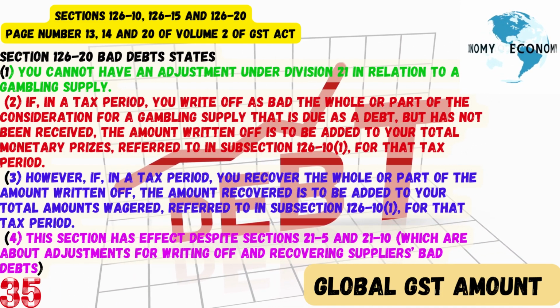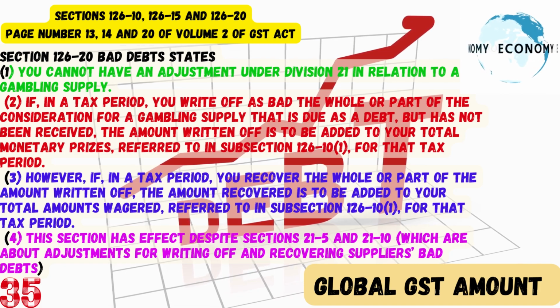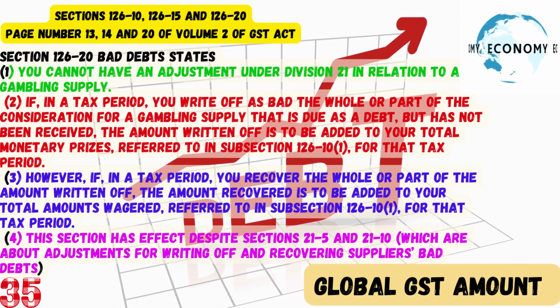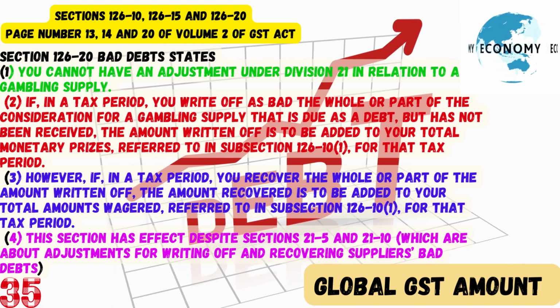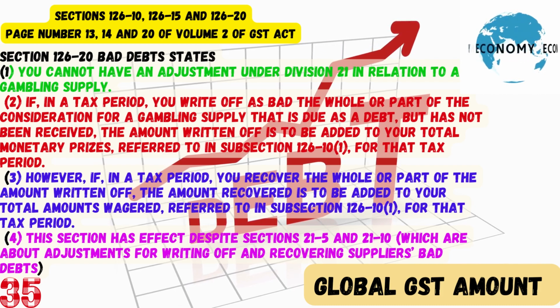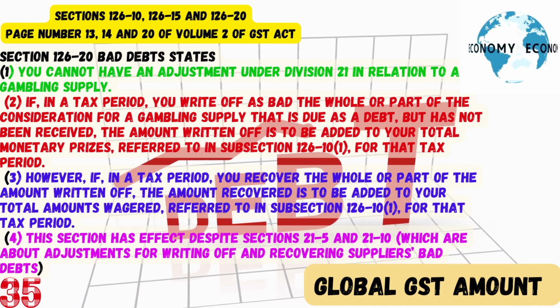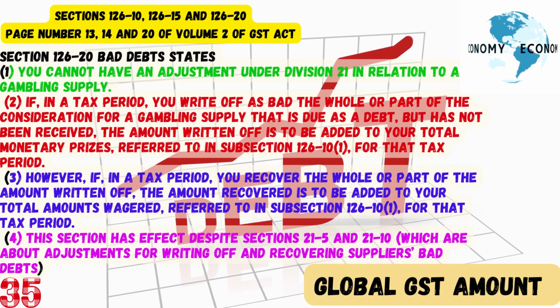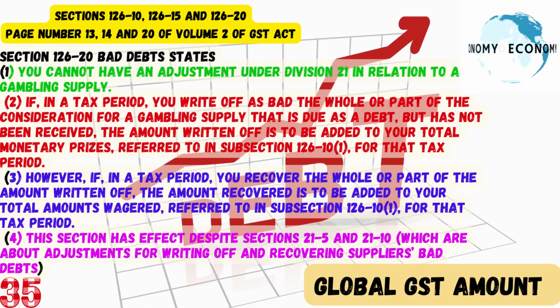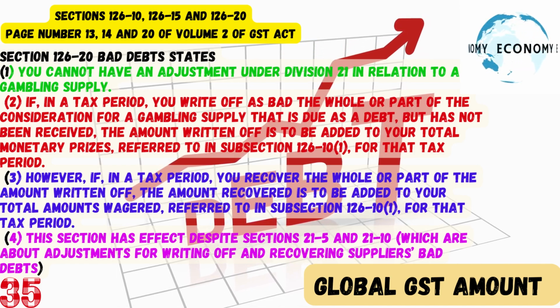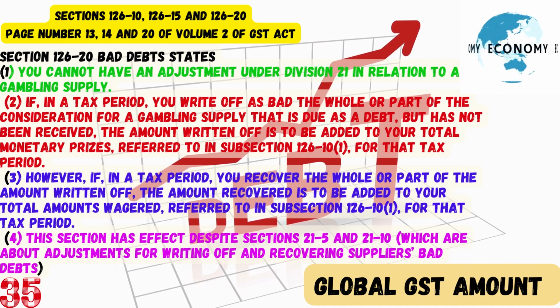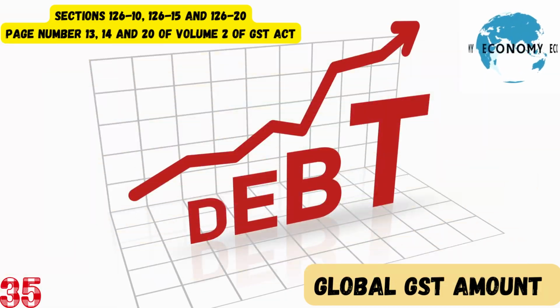However, if, in a tax period, you recover the whole or part of the amount written off, the amount recovered is to be added to your total amounts wagered, referred to in subsection 126-10(1) for that tax period. 4. This section has effect despite sections 21 to 5 and 21 to 10, which are about adjustments for writing off and recovering suppliers' bad debts.